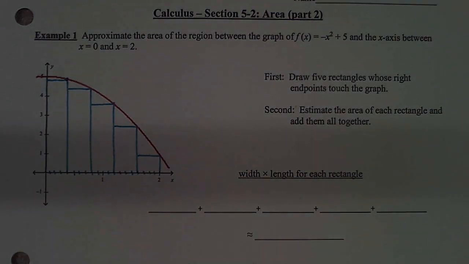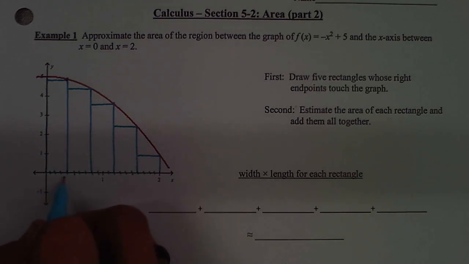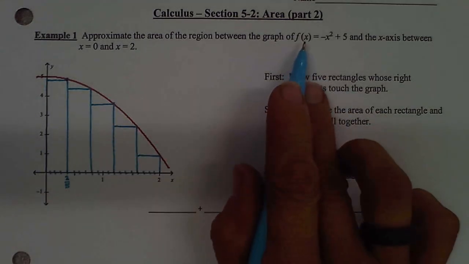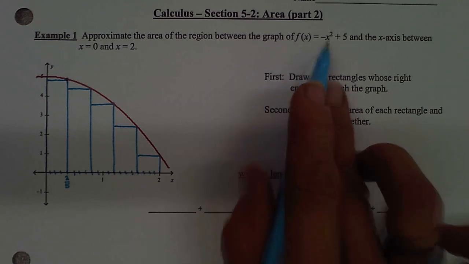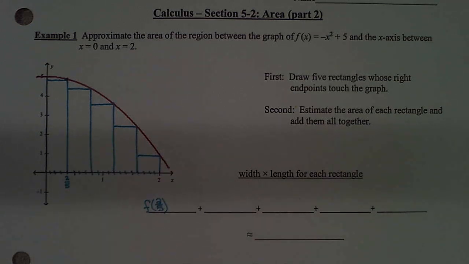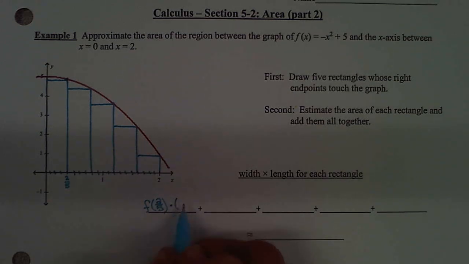Well, if I have an x here at 2/5, and I want to know what is the y value that goes with it, I would just have to plug it into the function. So I would actually be plugging in 2/5 into this function here. So it's going to be the function evaluated at 2/5, and then times the width of the function, which is 2/5.